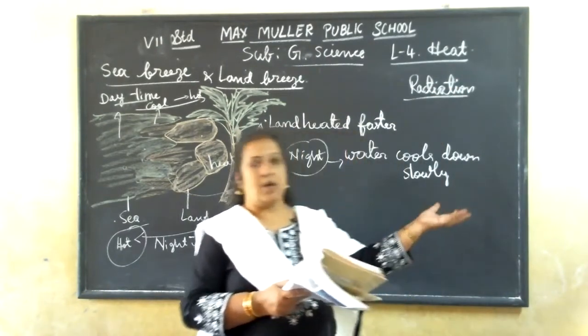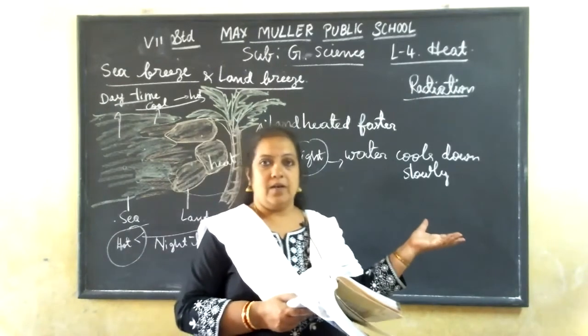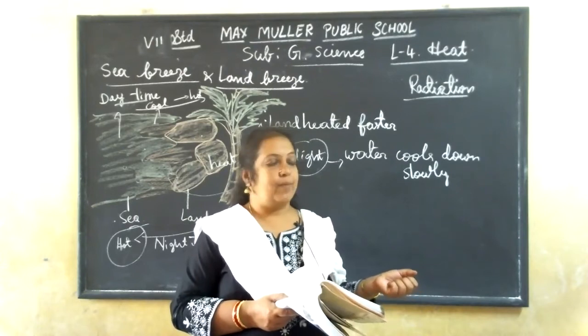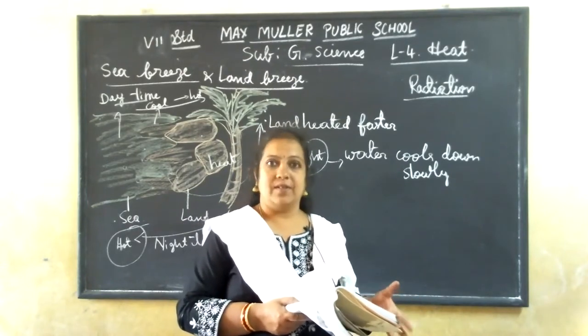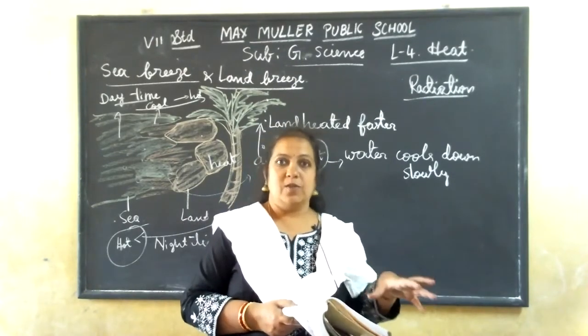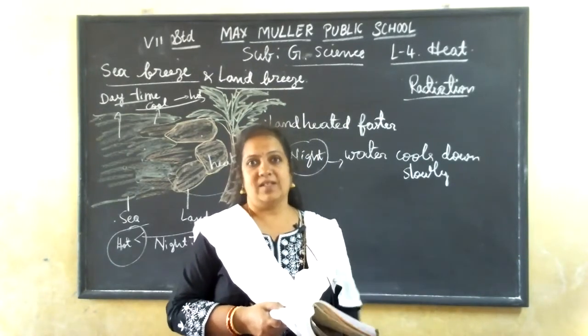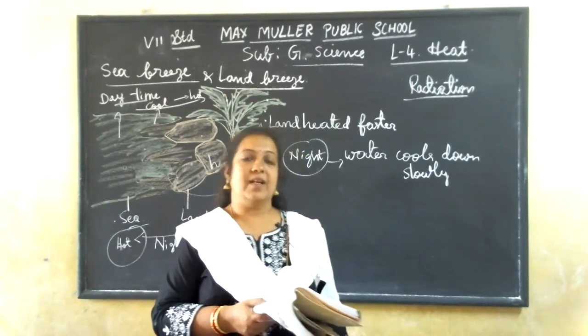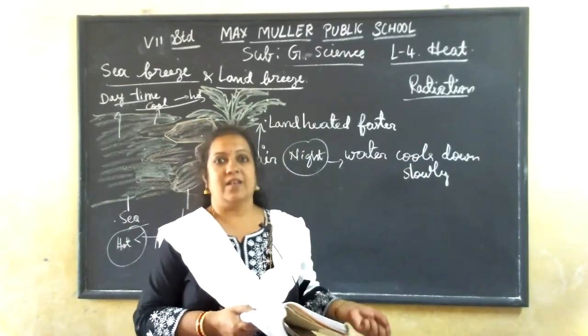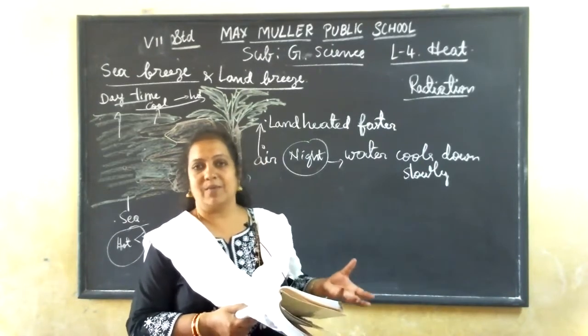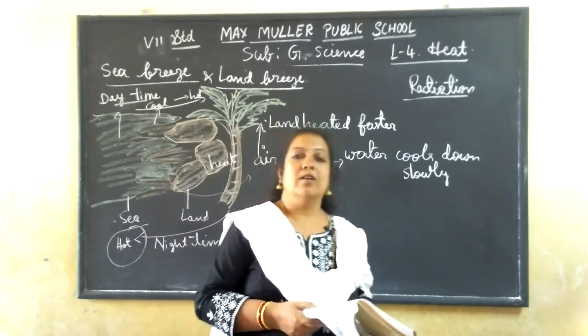See, when we come out into the surroundings, we are getting warmth. Compare it to inside the room, how is the weather, how is the atmosphere, how is the climate. Then when you come outside, we feel warmth. Why do we feel it? Because we are receiving the sun's rays, the sun's heat, and it is falling on your body.